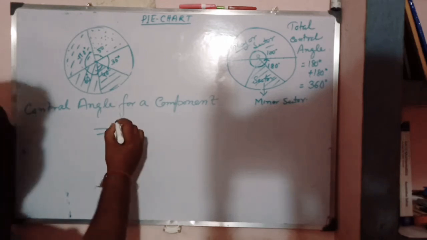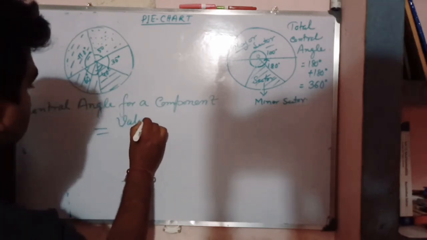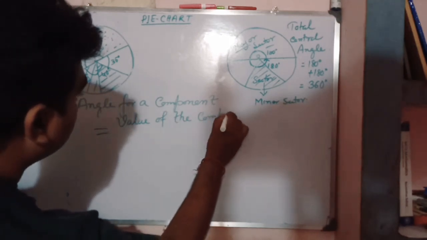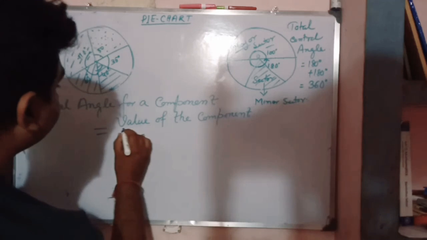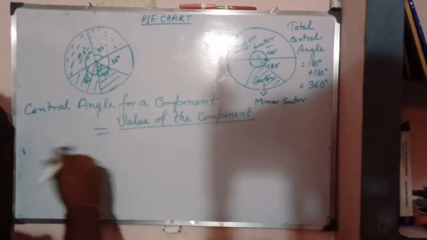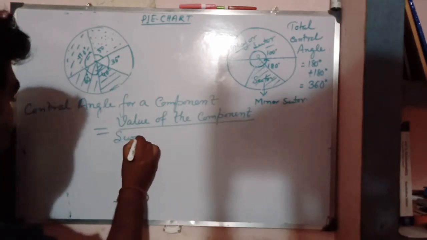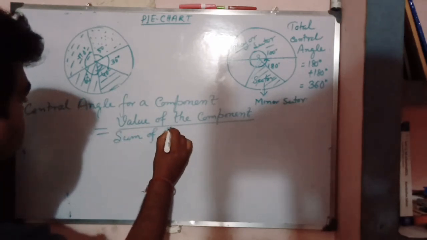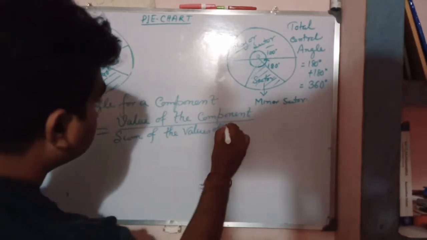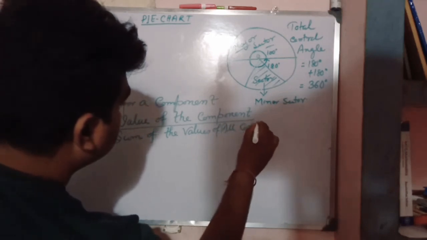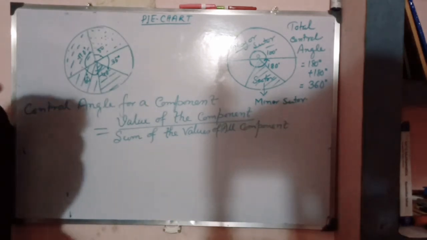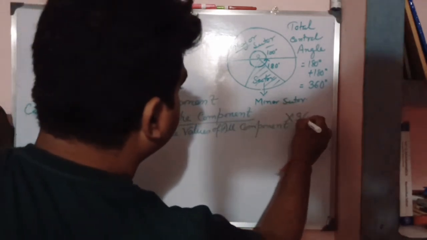Value of the component divided by the sum of the values of all components, into 360 degree.